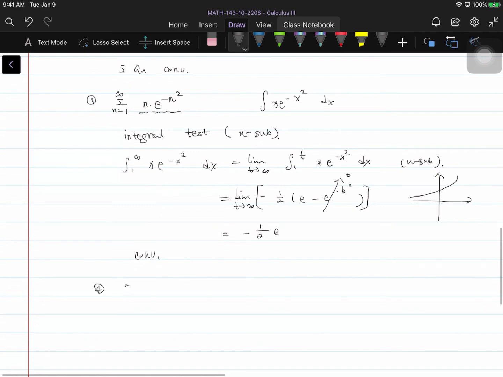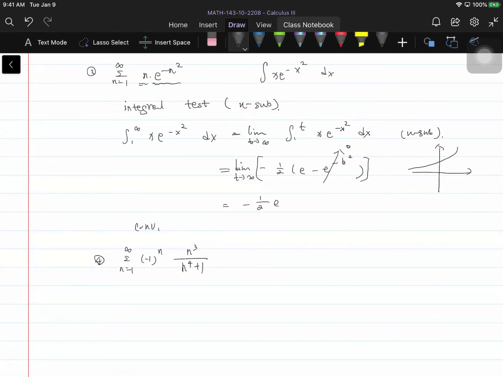Number 4. Here we can use either the alternating series test or the absolute convergence test. If we use the absolute value, you can use comparison, limit comparison, or some other kind of test.